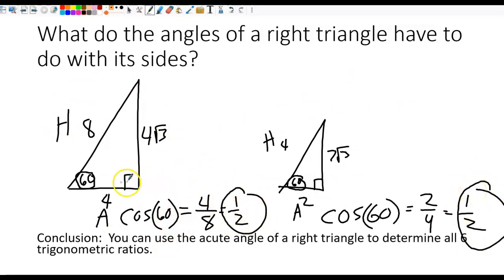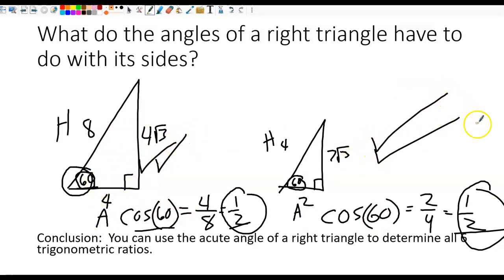Okay, so it doesn't matter how big the triangle is. If you have a 60-degree angle, then the cosine of that angle will always be 1 to 2. The same thing holds true for sine. Like if I did sine of 60, it would give me the same answer on this triangle as it does on this one. Or if I did tangent, it would give me the same tangent on this triangle as it would on this one.